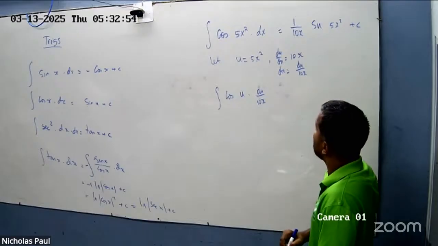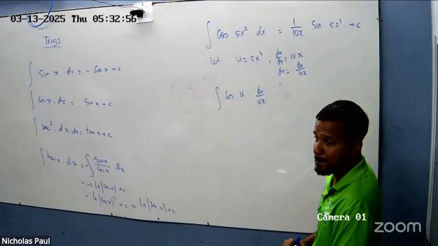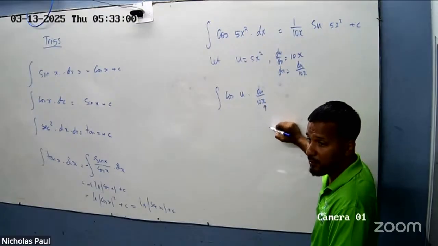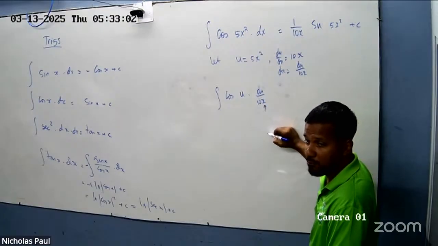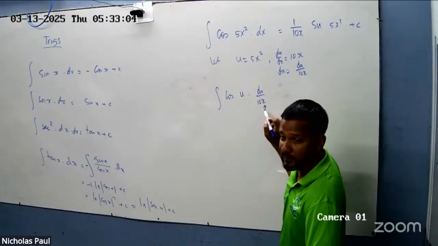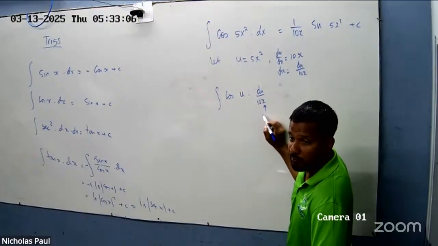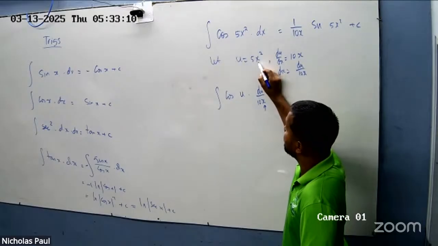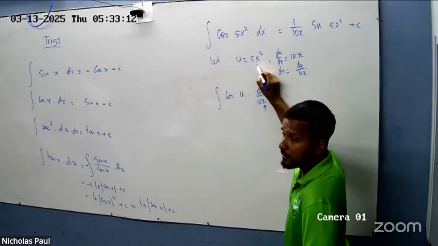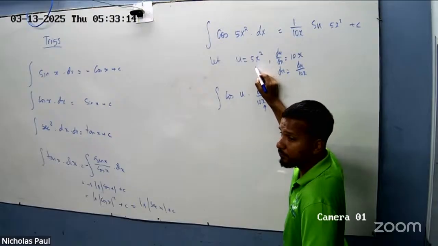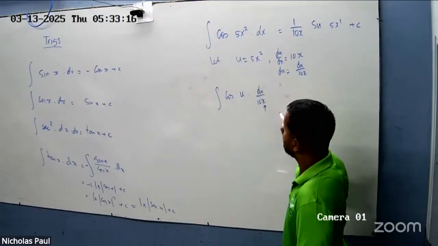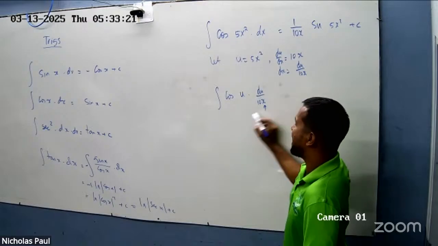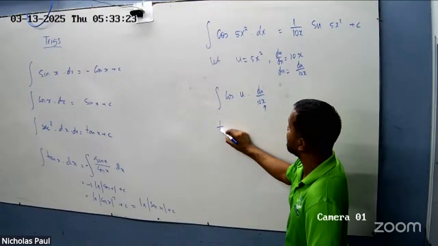What's the problem then? Everything here should be in u. So what you could do here is solve for x.